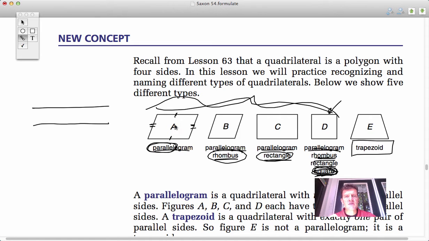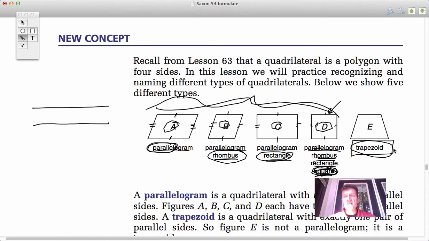So the opposite sides here that I've marked with just one little mark, they're parallel, and the opposite sides that I put two little tick marks on, those are parallel as well. So this is called a parallelogram. And you'll notice that A, B, C, and D are all parallelograms. Why? Because their opposite sides are all parallel. That's why all four of those are identified as a parallelogram.